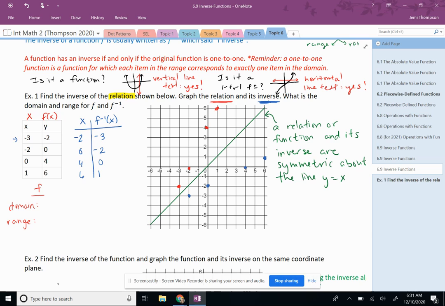In this case, my relation is made up of 4 points. So my domain can only be the x values of those coordinates. So what are the x values in the domain? -3, -2, 0, and 1. That list is going to make up the points in my domain.